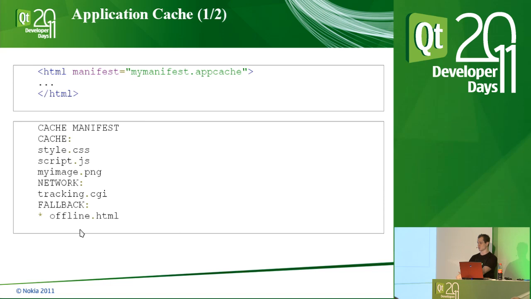I'm talking about resources, like, I have this huge PNG image that I load on my website, and I want to store it on the hard drive because the next time the user visits the website or launches the app, I don't want it to be downloaded again. So in the manifest, in the cache part, you can say, please save my image.png on the hard drive and use it next time you visit the website.